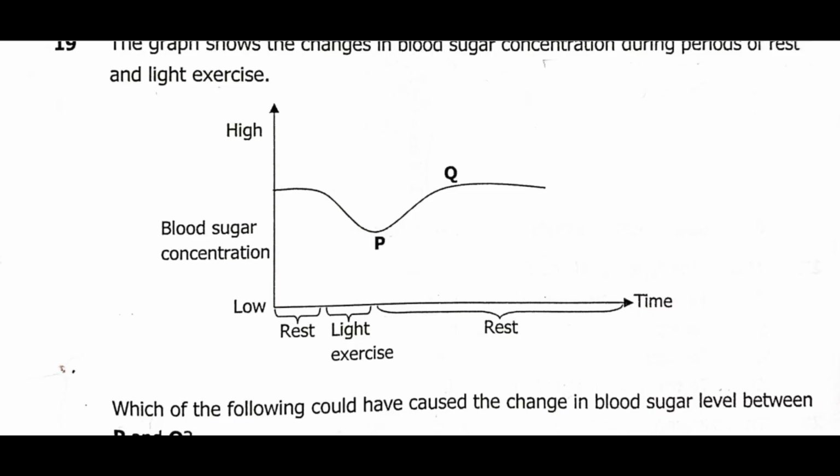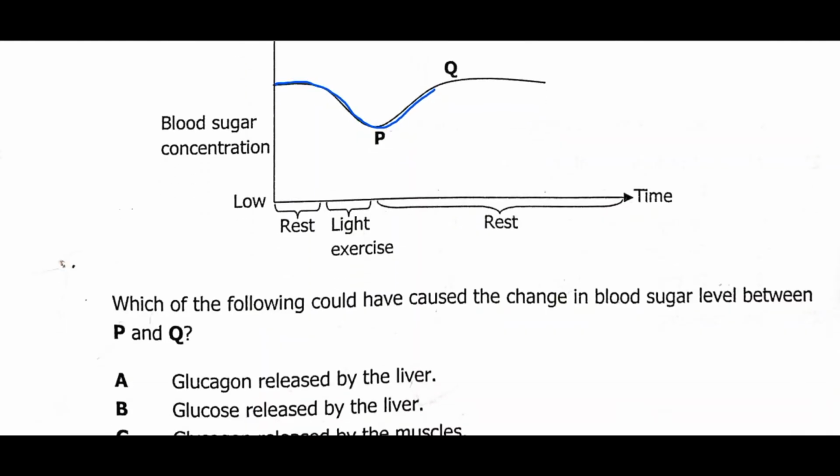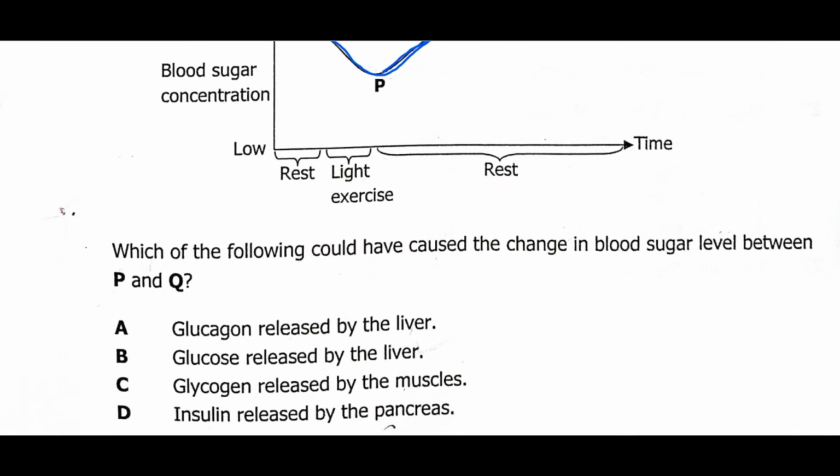So this means that there was a high blood sugar concentration, then there was a drop, then after P there was another increase. So now let's look at the questions. Which of the following could have caused the change in blood sugar level between P and Q? Between P and Q we can see that the blood sugar is increasing. Okay, if the blood sugar is increasing, let's look at the multiple choices.